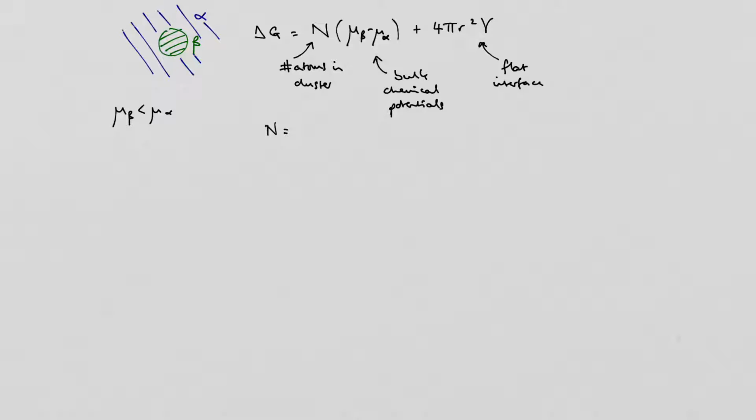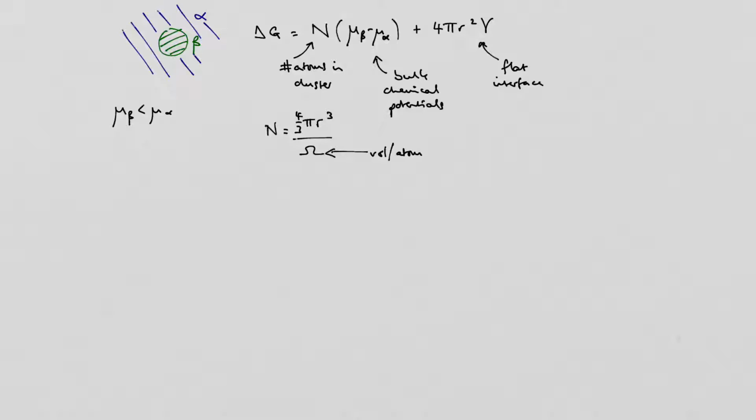N, of course, is just the volume of the cluster divided by omega. Omega is the volume per atom, which strictly speaking is the volume per atom in the beta phase, but let's assume that those are pretty much the same between the two phases.